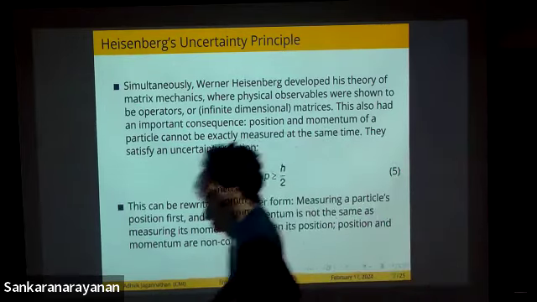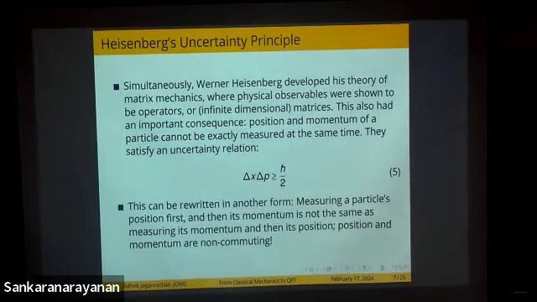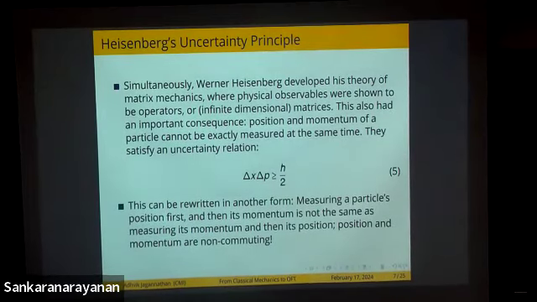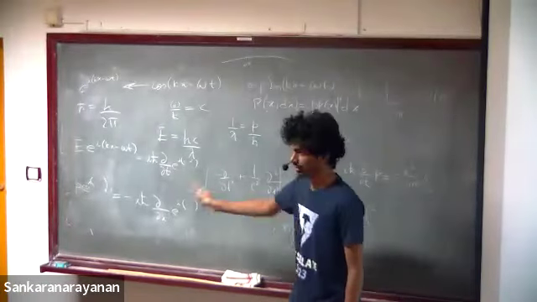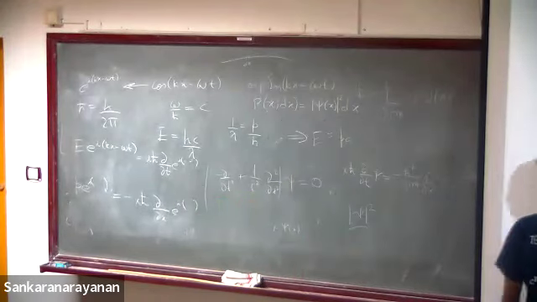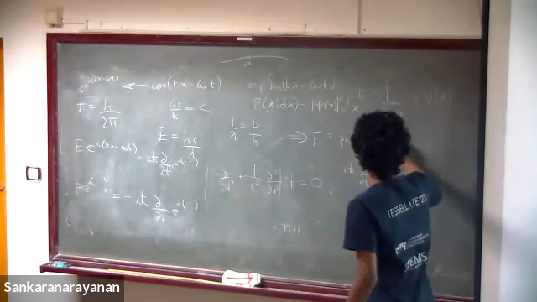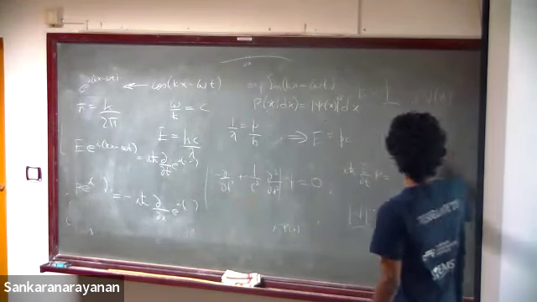You can see this here. The operator for position is just x times psi of x; you just multiply x to the wave function. Now if you first apply the x operator and then the p operator, and then apply the p operator and then the x operator, you get the relation that the commutator of x and p is i times h bar.